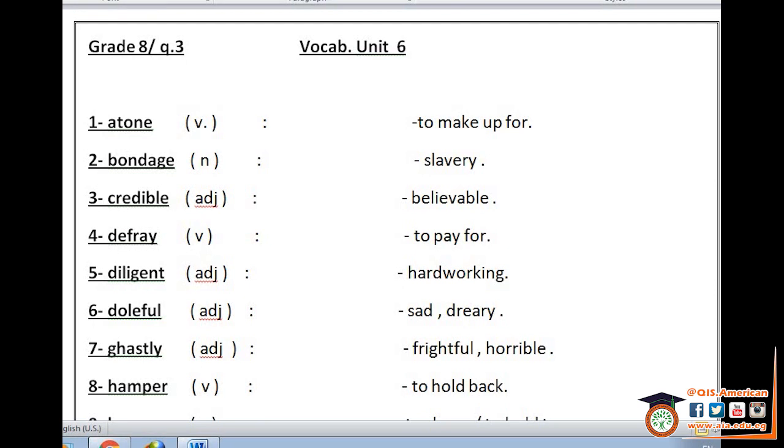If you have the workbook or the booklet, it's from the passage on page 38 and 39, and the vocab items on page 40, 41, and 42.